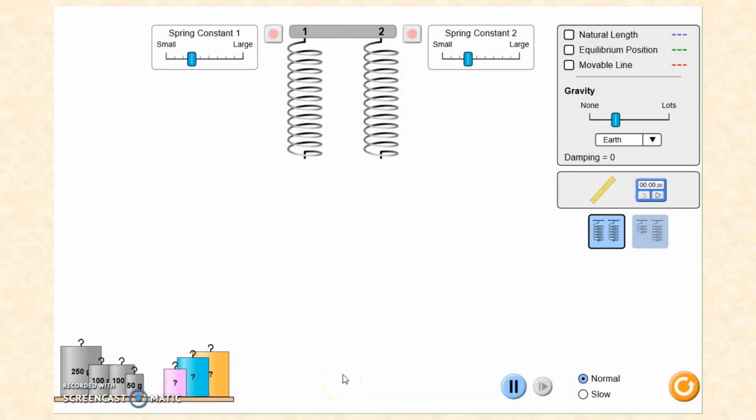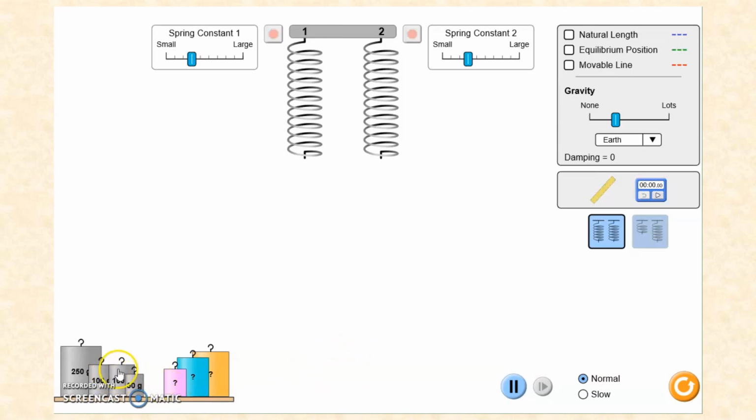Let's take a look at a simple simulation to see how each of these factors, that is spring stiffness, amplitude of vibration, and mass, will affect the period of the simple harmonic oscillator. Starting with spring stiffness, we'll conduct a controlled simulation.